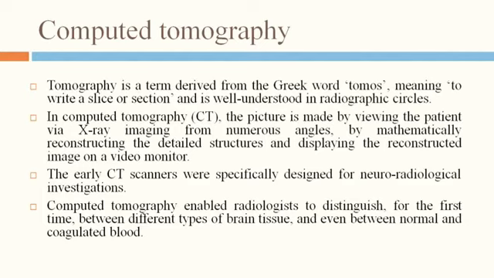The early CT scanners were specially designed for neuroradiological investigations. Computed tomography enabled radiologists to distinguish for the first time between types of brain tissues, and even differentiate between normal and coagulated blood.